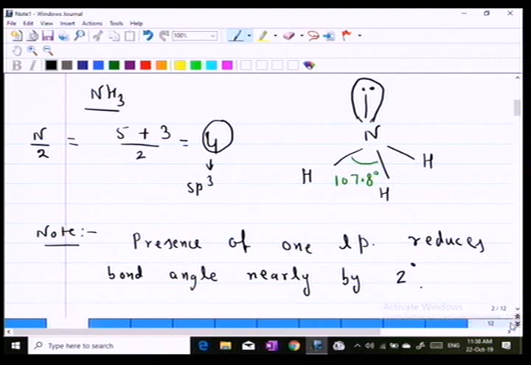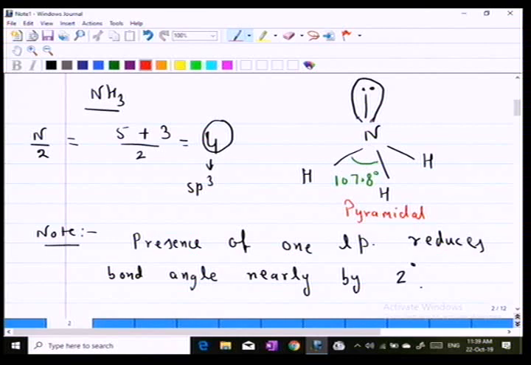Guys, draw the shapes carefully. Okay. And after drawing, you can confirm. And guys, the name of this shape is pyramidal. You can hide the lone pair and look at this.